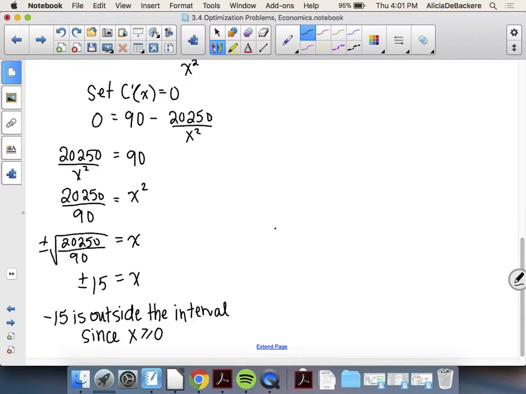So it says, what shape for the 3 lots gives the minimum fencing cost? We will check the prices at each of those interval endpoints. So I will check the cost at 1, the cost at 15, and the cost at 405.